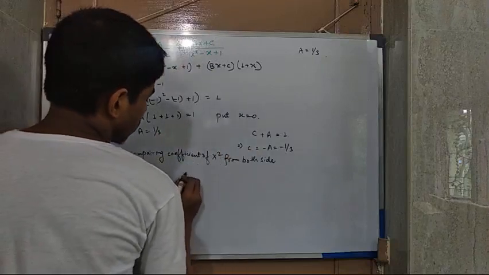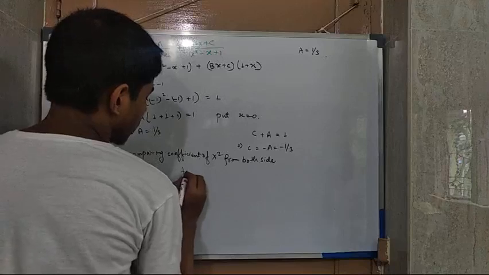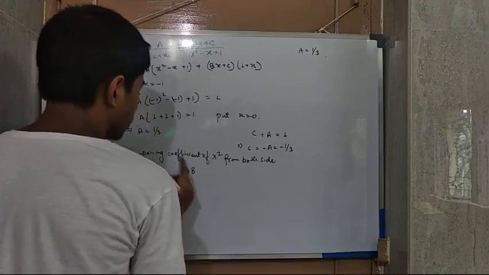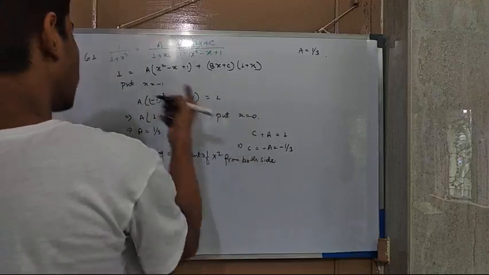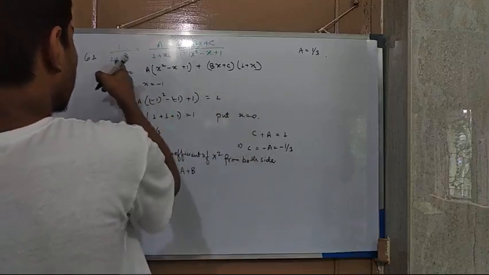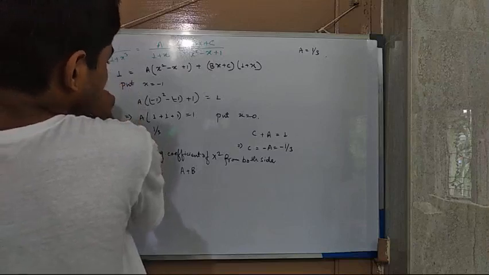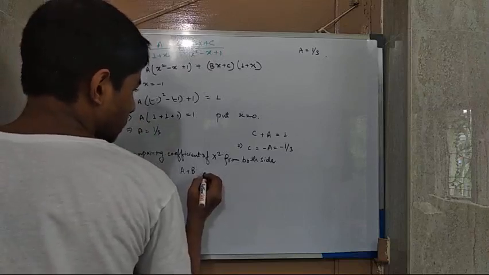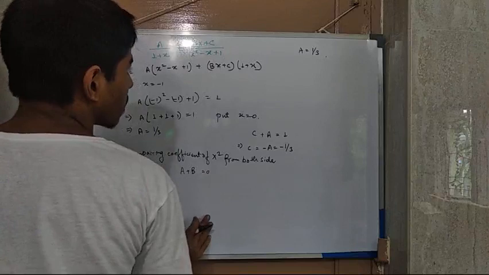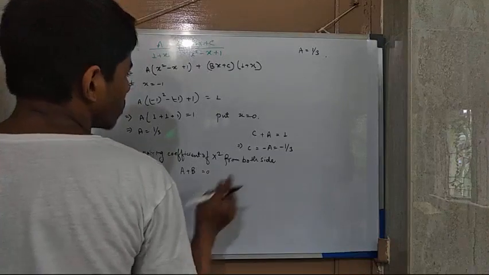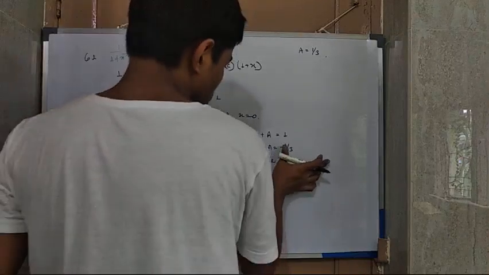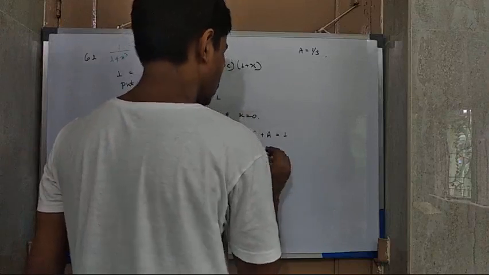So a plus b will be the coefficient of x squared in the right hand side, and as you can see, here is no term related to x squared, so the coefficient here is 0. Wait, I hope this is wrong. It's actually 1 minus a, isn't it?